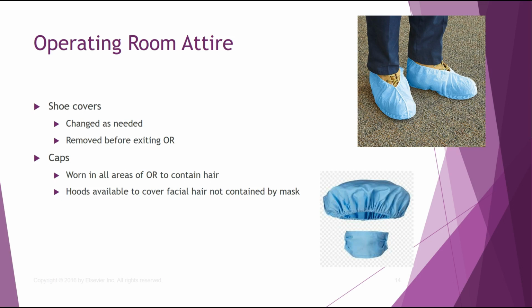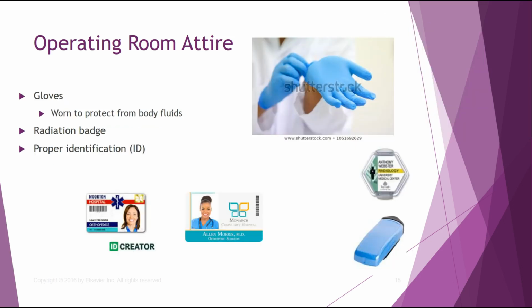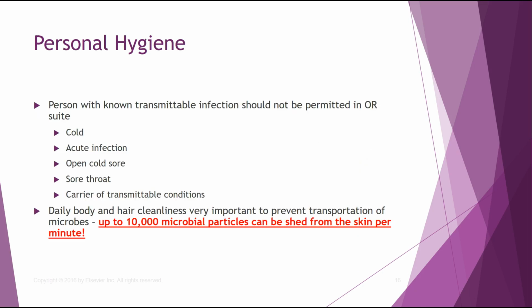Your shoe covers. Okay, gloves. You should always wear gloves. You should always have your badge on also under your lead in case somebody doesn't recognize you. And always, always you're going to be wearing your radiation film badge, even in the OR.